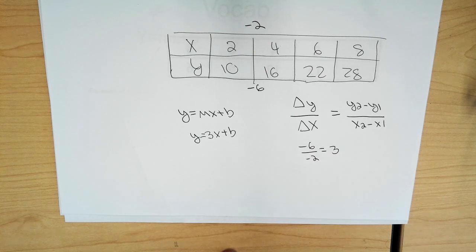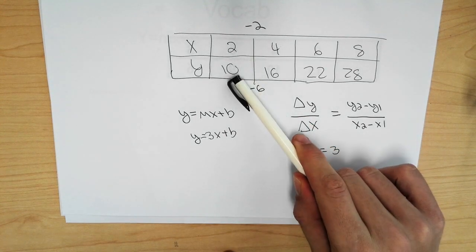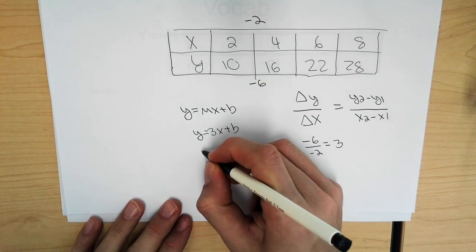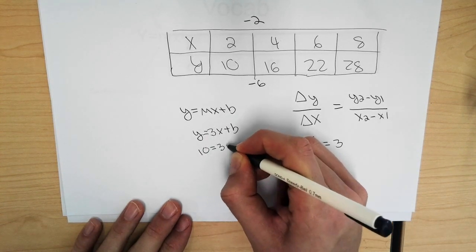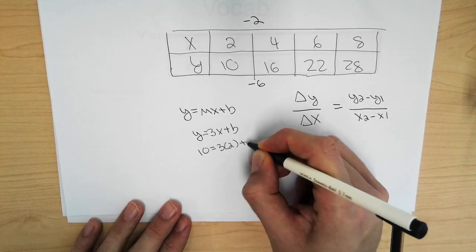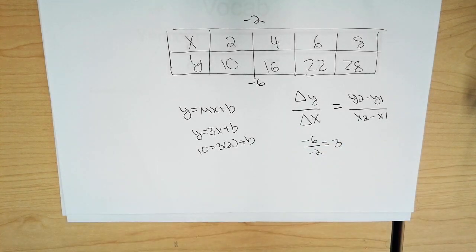Do you see any other information we can plug into our formula? Well, we know what x is and we know what y is, so we can plug that in. So we have 10 equals 3 parentheses 2 plus b.